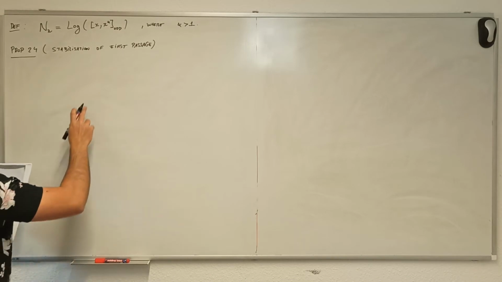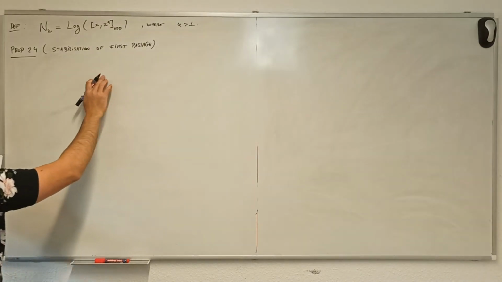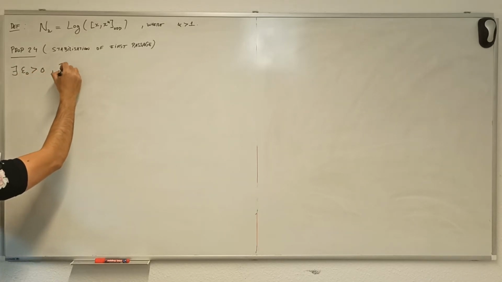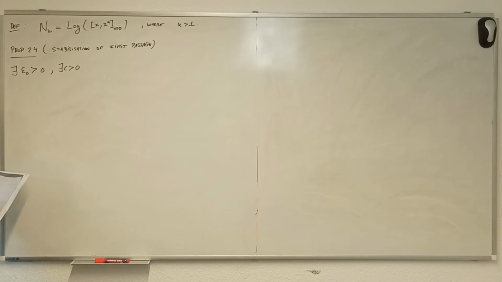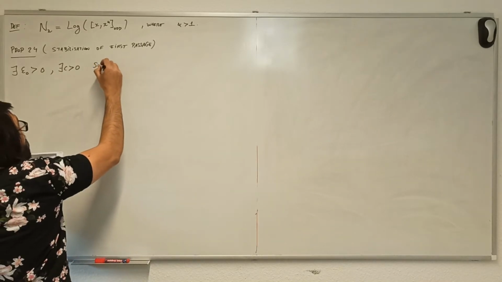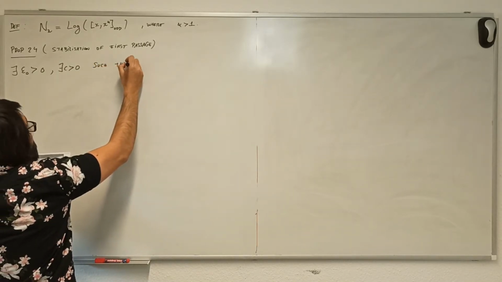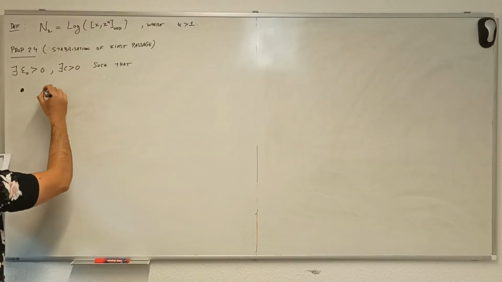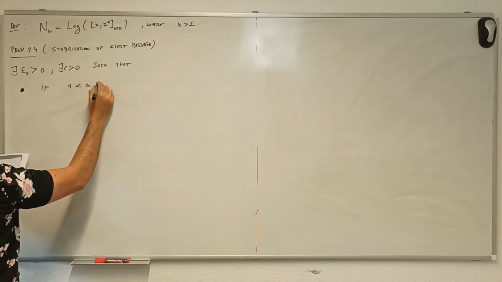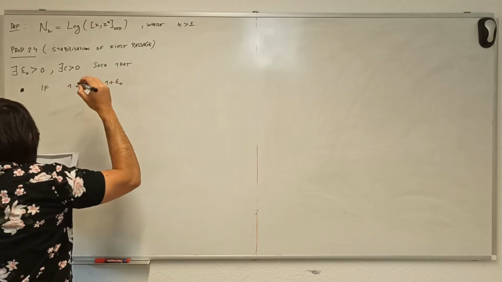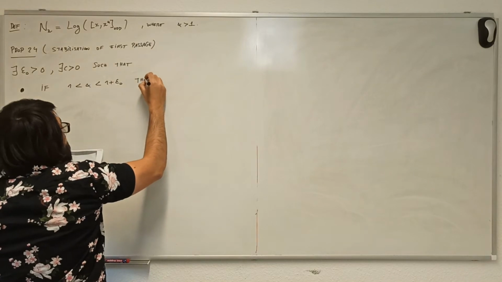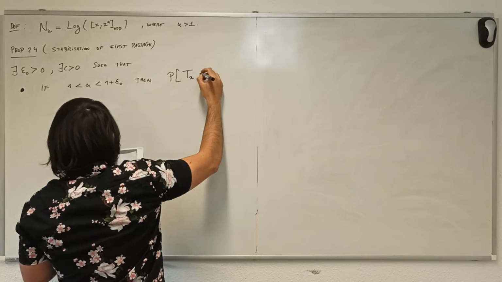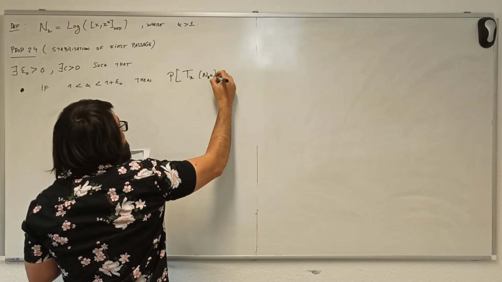So I guess this is proposition 1.11 of this paper. There is a certain epsilon greater than 0 and a certain c greater than 0, such that first, if 1 is less than alpha is less than 1 plus epsilon naught, then the probability of the event that T of x is in x to the alpha be finite.